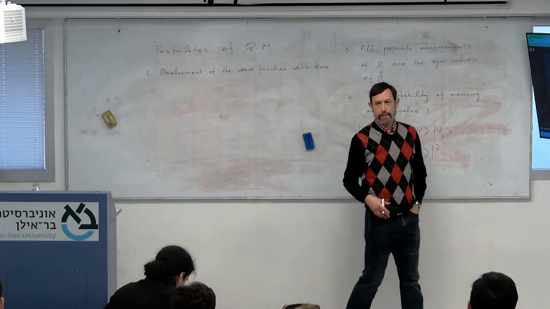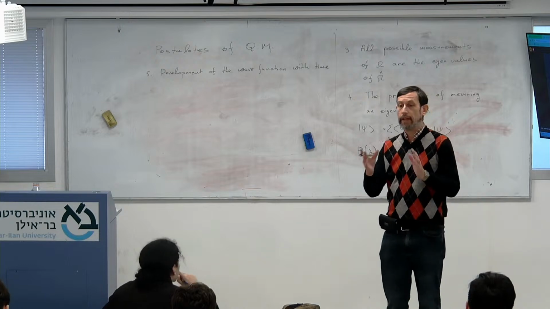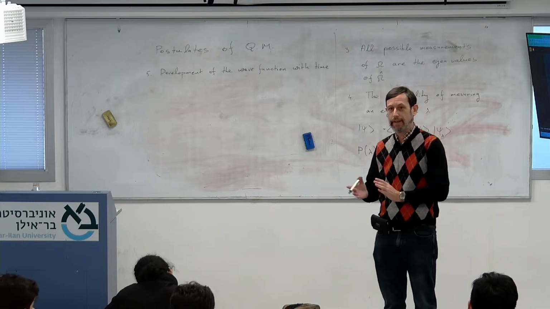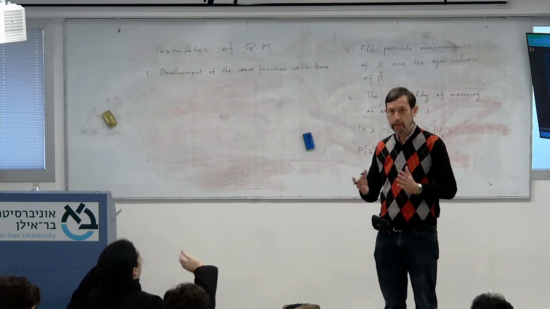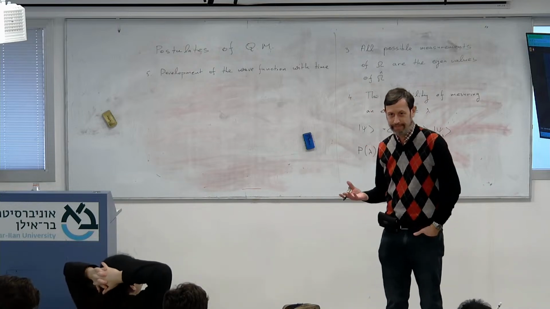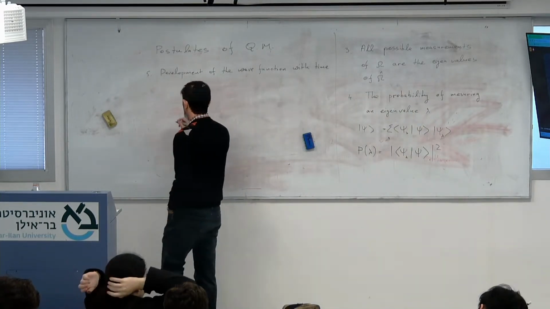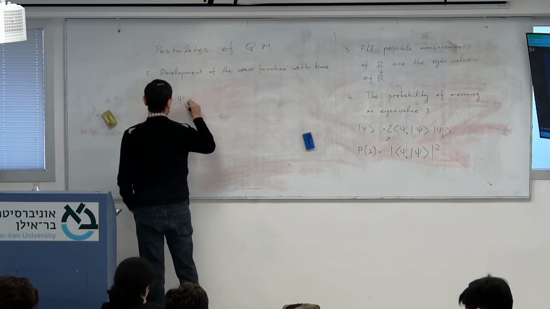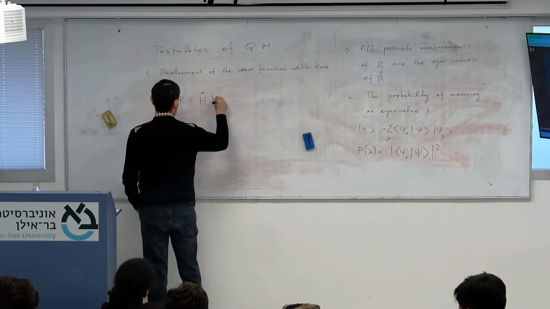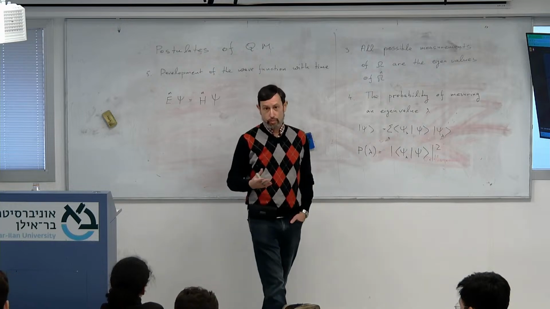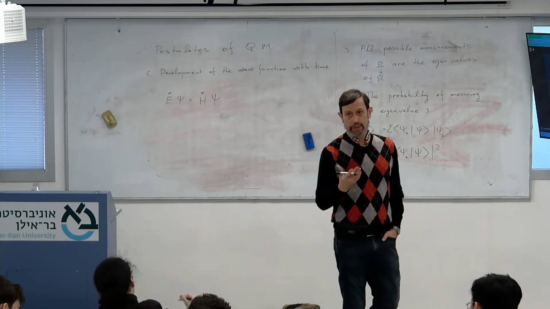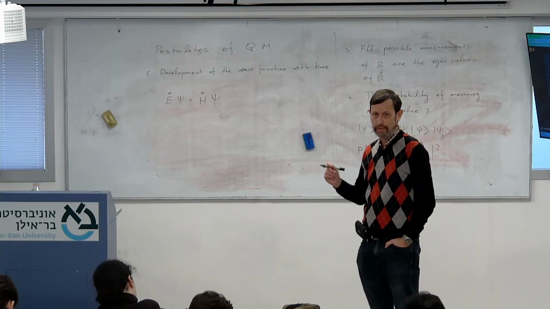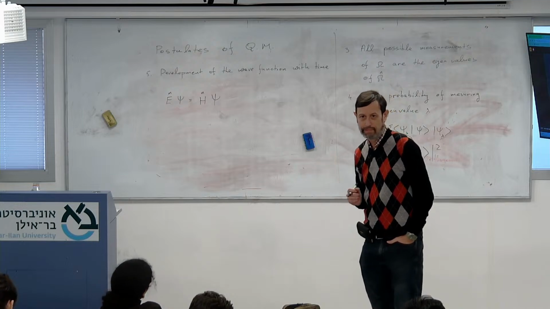How do I see that? Well, let's assume that I knew the wave function at time t0. What can I say about the wave function at time t? Well, here comes in Schrodinger's equation. In a very concise way, the energy operator times psi has to be equal to the Hamiltonian operator times psi.